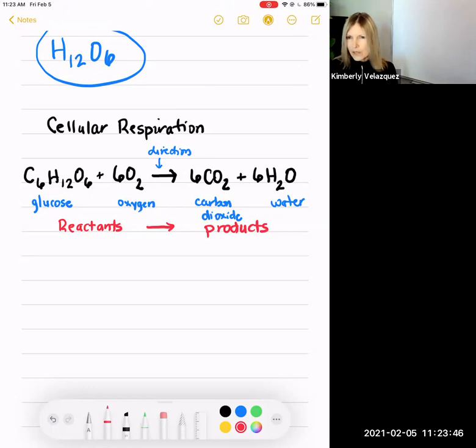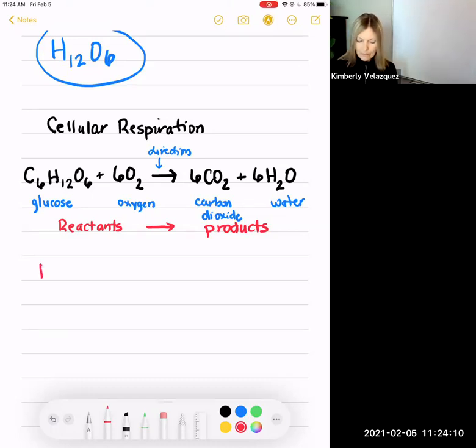If we went through and counted the number of each type of atom on the left side of the arrow, it always has to equal the number on the right side. I'm going to show you exactly what I mean by that in a second. But what's really amazing about chemical reactions is we're never creating matter and we are never destroying matter.